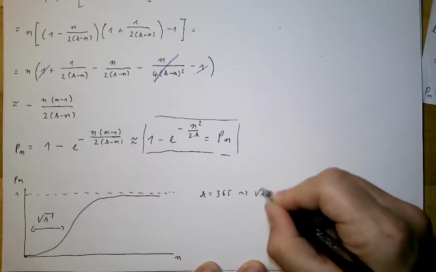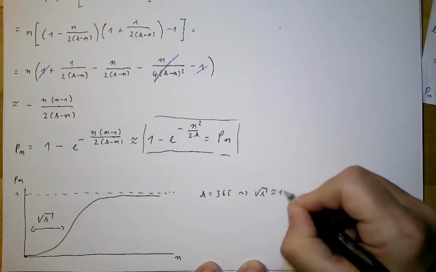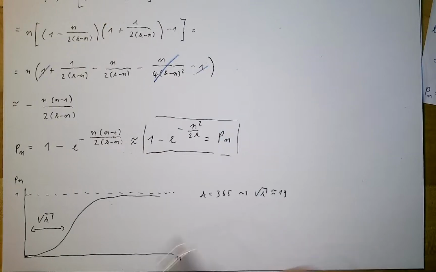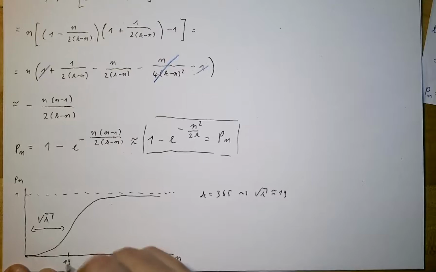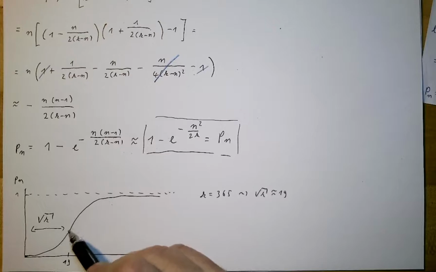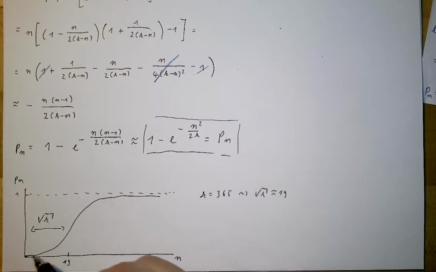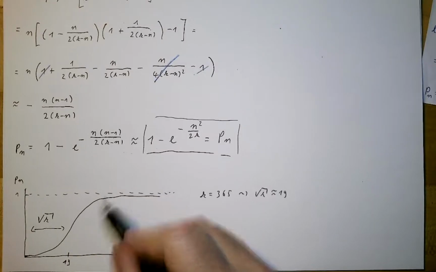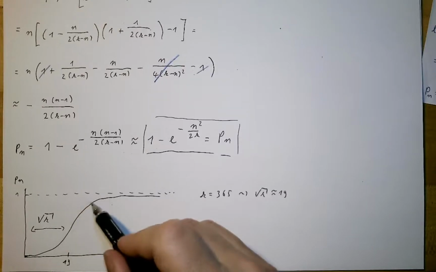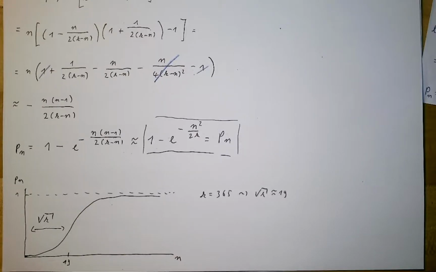Then the square root of k is about 19. This means if we have here an n of 19, then the probability that two people have birthday on the same day is already about 1/2. So this gives you the scale when this is going to 1. And so you see for 20 people we have already probability 1/2, and if we have 30-40 people we have nearly probability 100% that two persons have birthday on the same day.